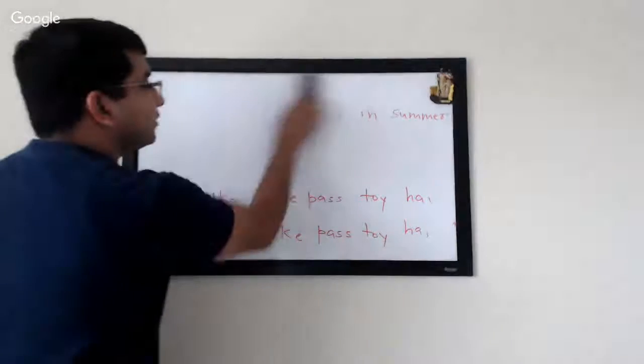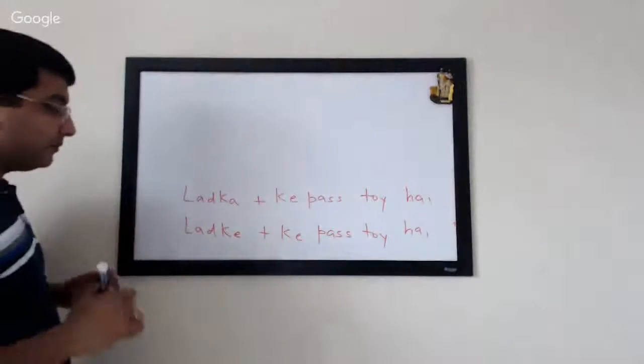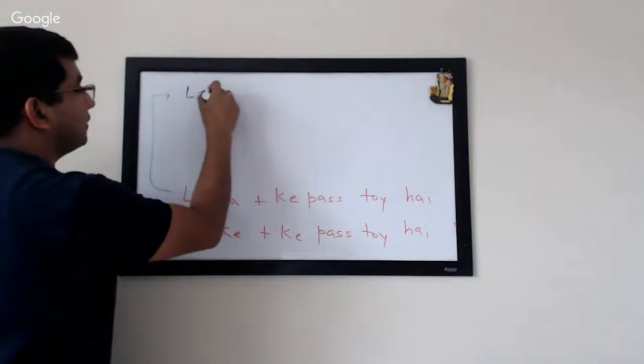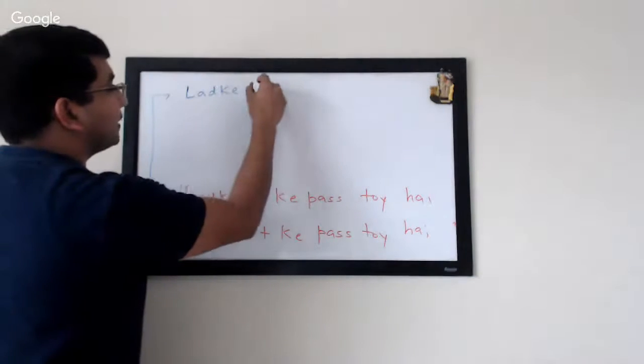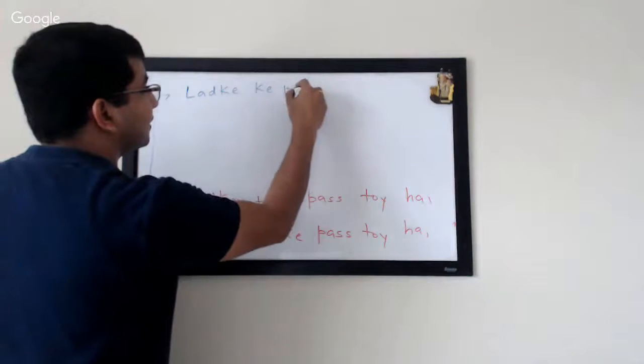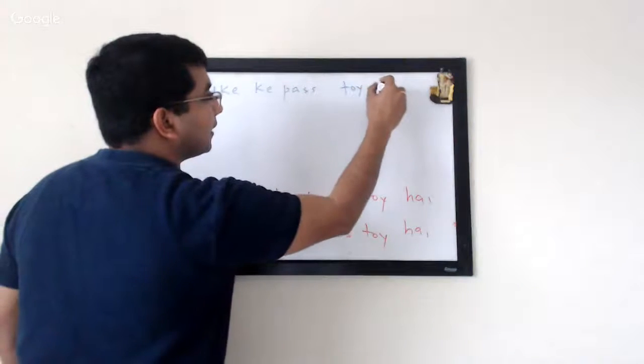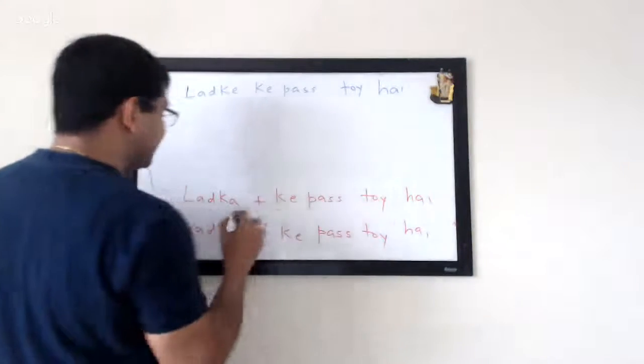So your first sentence will be लड़के के पास खिलौना, or you can say toy है, right?